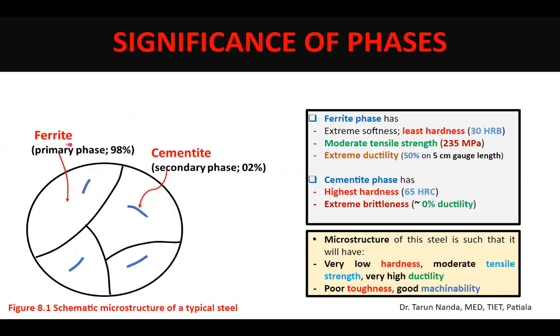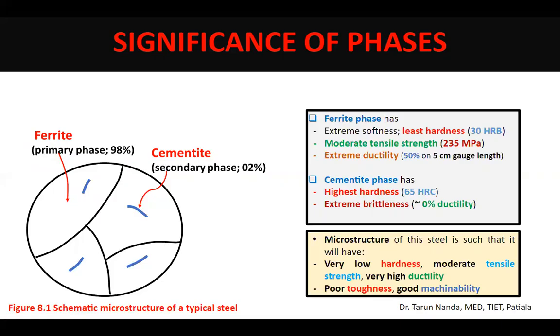So ferrite has got its own unique set of mechanical properties, cementite has got its own unique set of mechanical properties. Now, what did I say in the last slide? I said that the primary phase affects properties like strength, hardness, ductility. And how does it affect those properties? It affects those properties by virtue of its volume fraction.